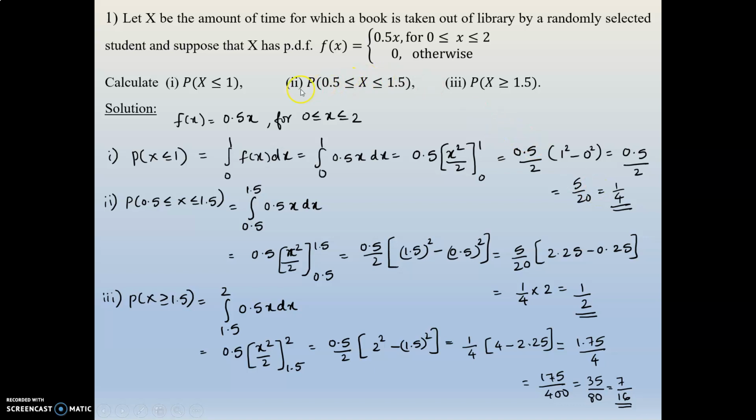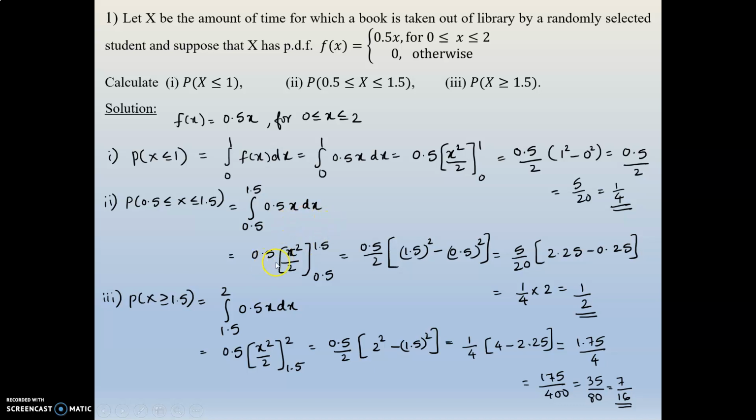Second question, probability of 0.5 ≤ x ≤ 1.5. Here the lower limit is 0.5 and the upper limit is 1.5. So integral 0.5 to 1.5 of f(x) dx, where f(x) dx is 0.5x dx.